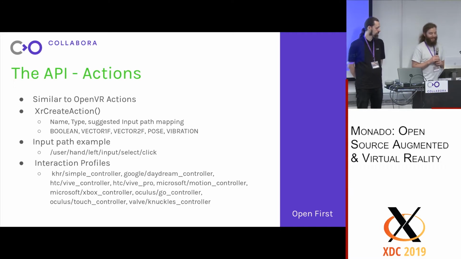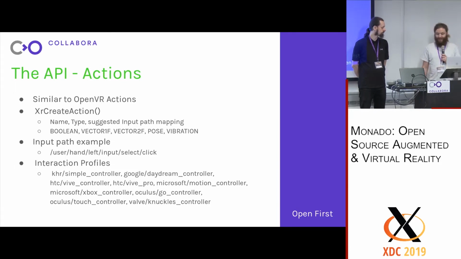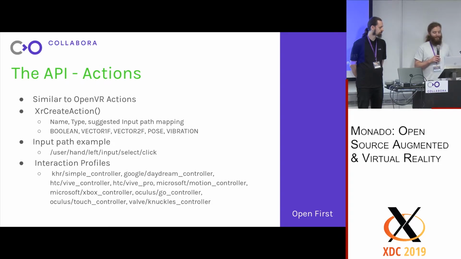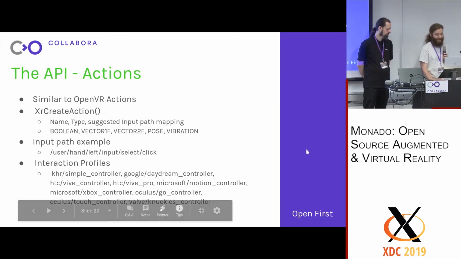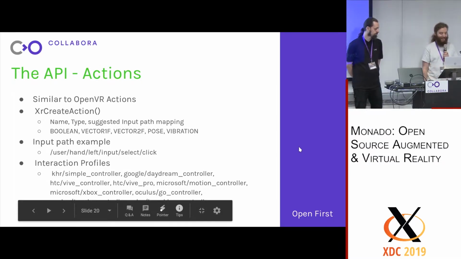A big part of the specification are actions, which is basically handling input from controllers. If you have ever used SteamVR and OpenVR, the OpenXR concept is very similar to what is currently in SteamVR.